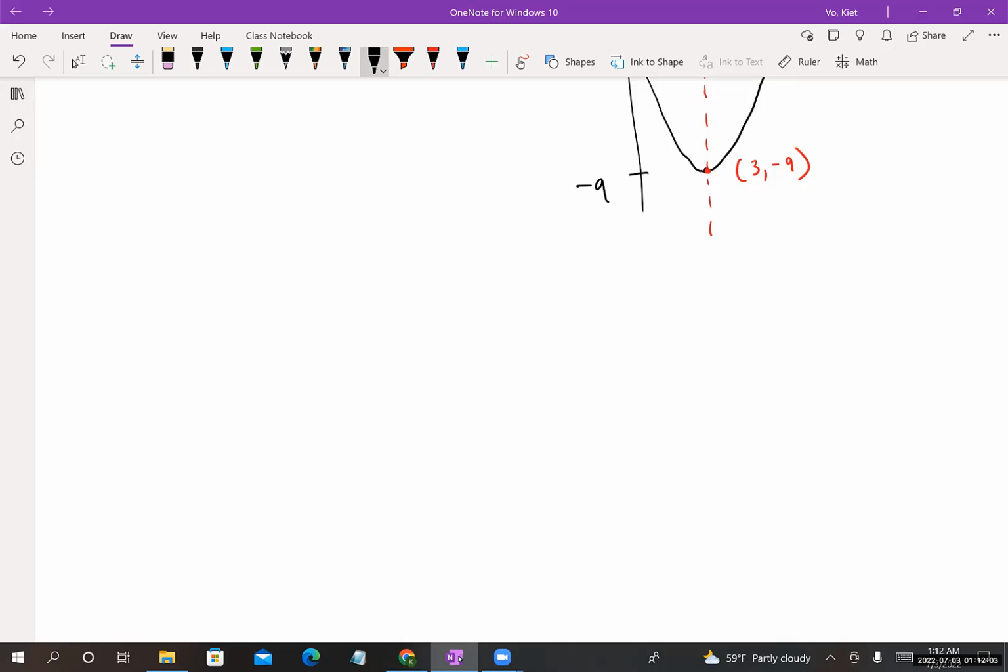So here, the next example is write this function f of x equal to negative 2x squared plus 3x minus 7 in vertex form.